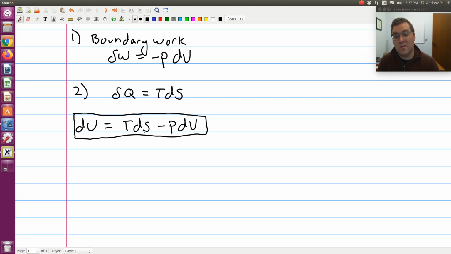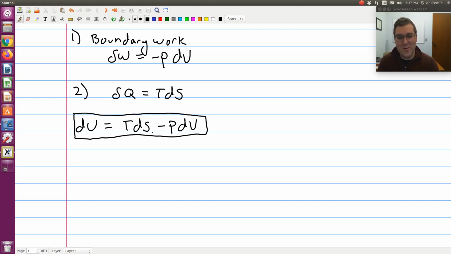And what's interesting and unique is both S and V are state functions. So now I've rewritten my differential for U in terms of state functions. Cool, right? So now I have an exact relationship for U relating just U, a state function, with independent variables that are also just state functions.